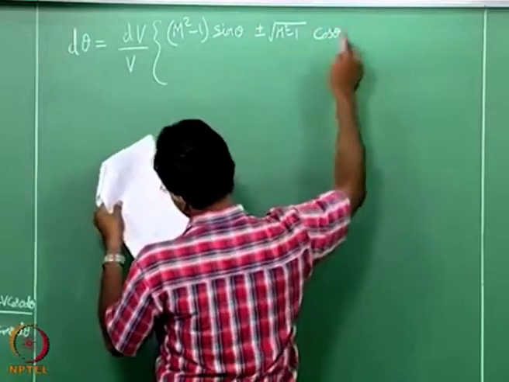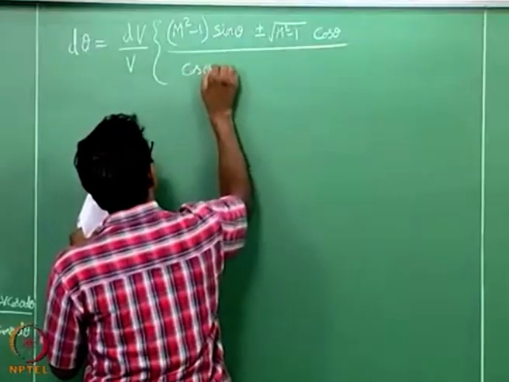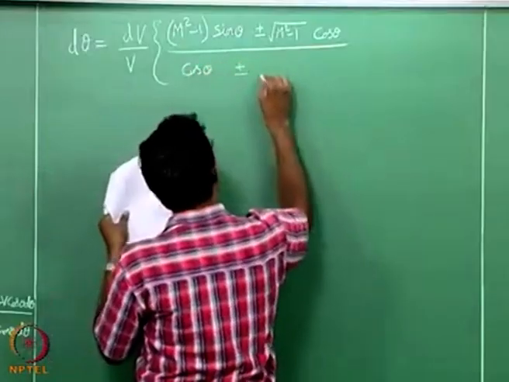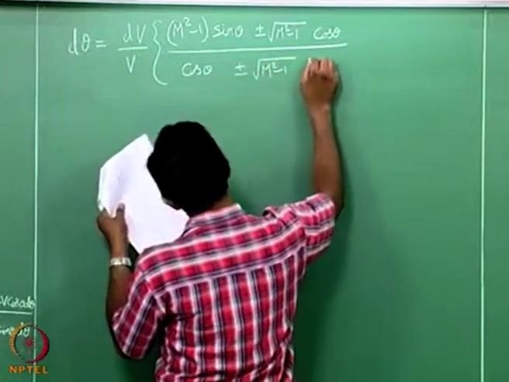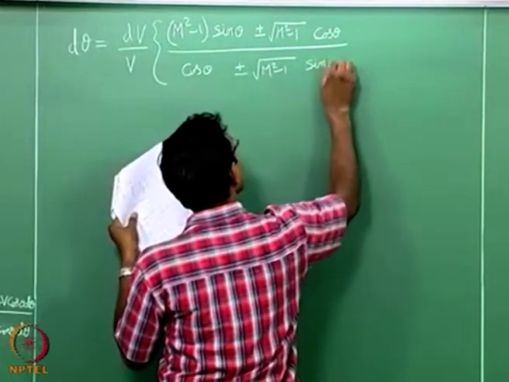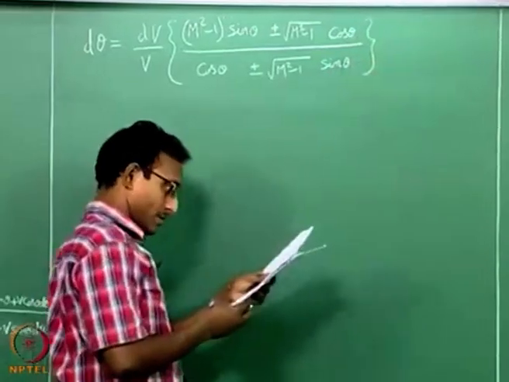The square root is not for cos theta there. Divided by cos theta plus minus square root of m square minus 1 sin theta. This is what I will end up with.